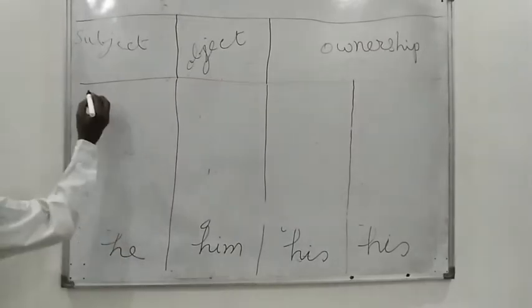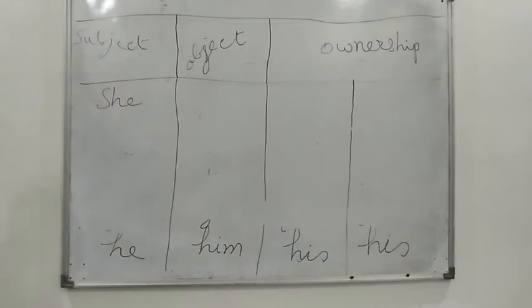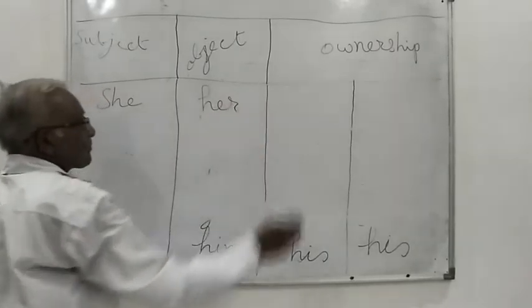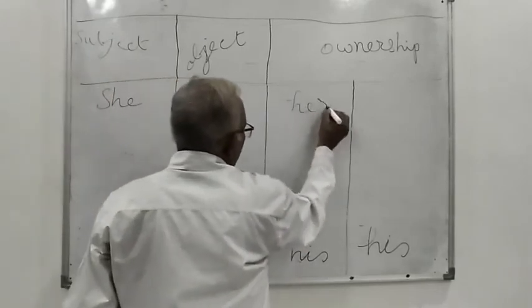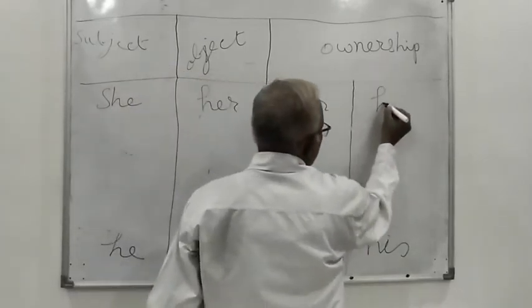If there is he, there will be she as subject. Her will be the object. Again, ownership will be her, and sentence ending will be hers.